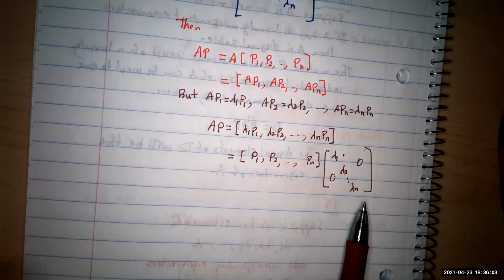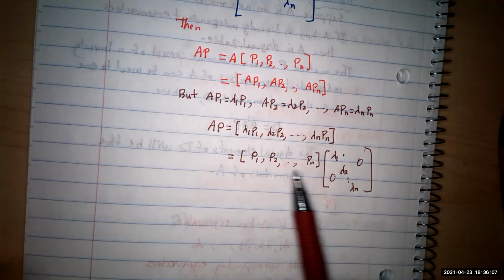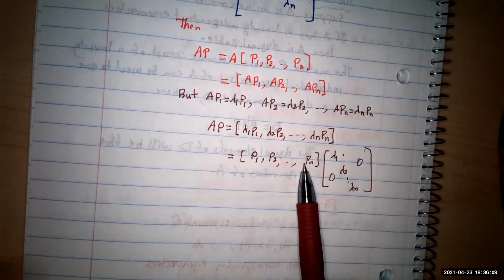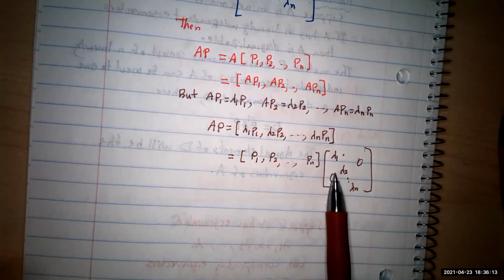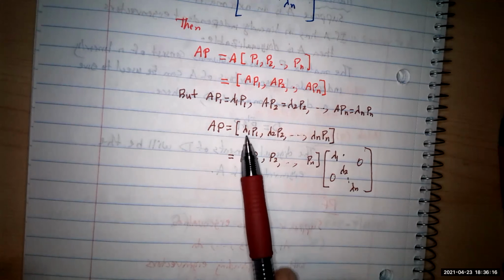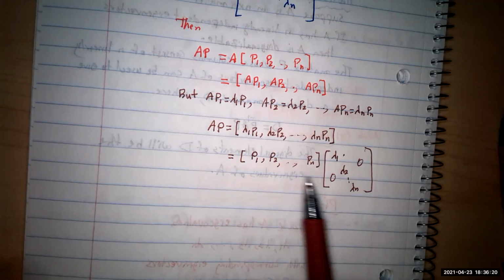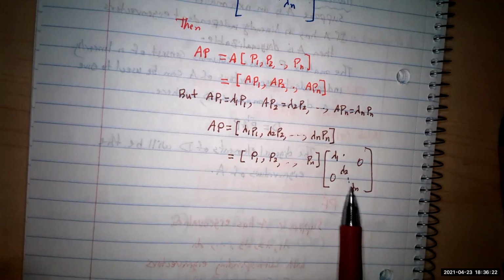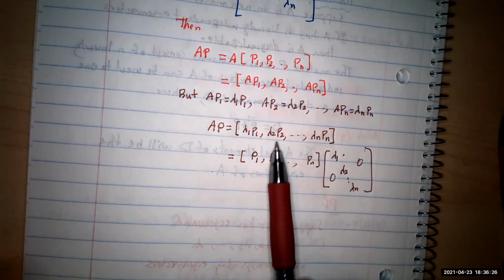Okay, it's a diagonal matrix. When you multiply them together, the first row times the first column gives only lambda 1 P1, because everything else is 0. If you multiply by the second column, the only thing you get is lambda 2 P2.